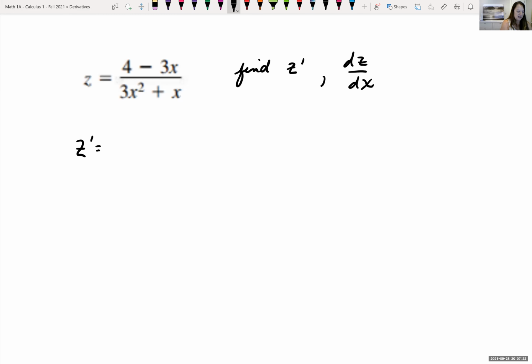Okay, so we're looking at the derivative of the numerator. I'm not going to do the derivative yet, but you can if you want.